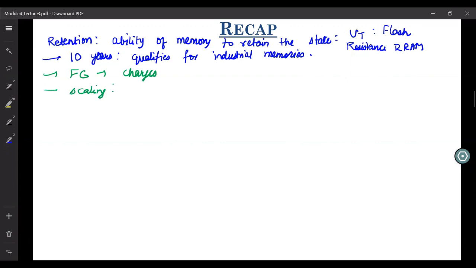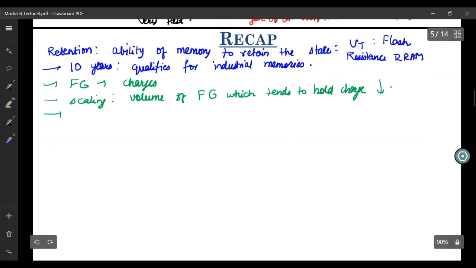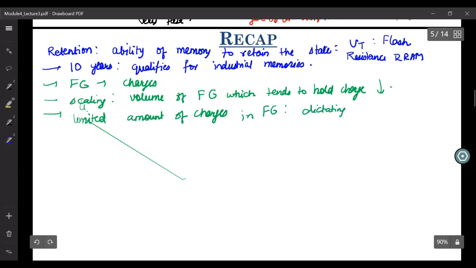What is happening is the volume of the floating gate, which tends to hold charge, has reduced significantly. So you have a very limited amount of charges in your floating gate, which is dictating your threshold voltage.